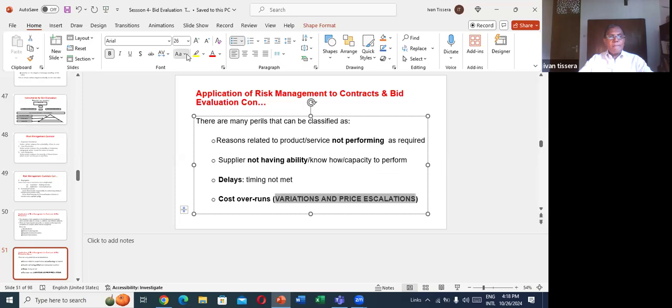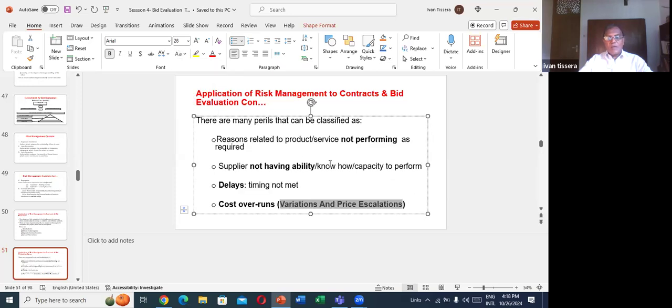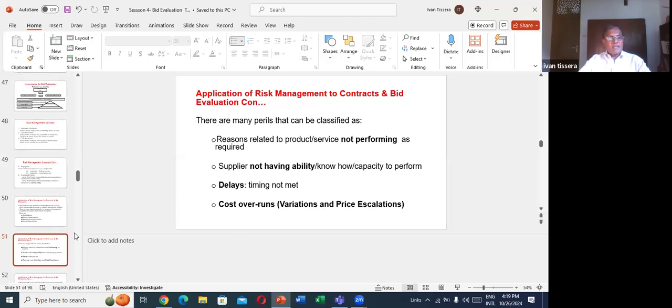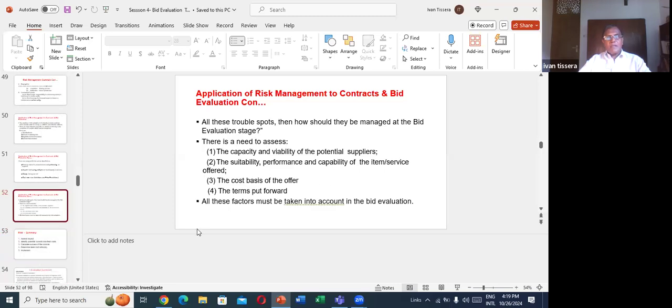We have provision in the guideline on how to handle that risk by allocating some contingency provision, things like that. So whatever it is, there are different risks, perils. All these trouble spots, then how should they be managed at the bid evaluation stage?